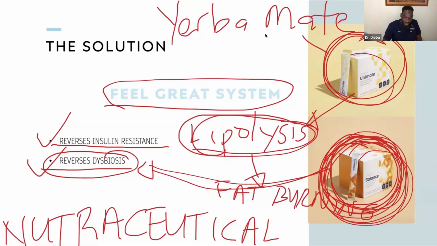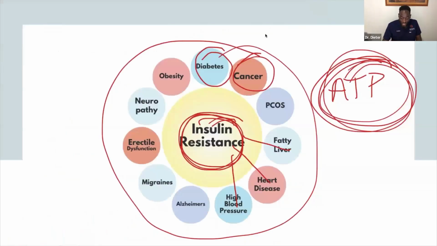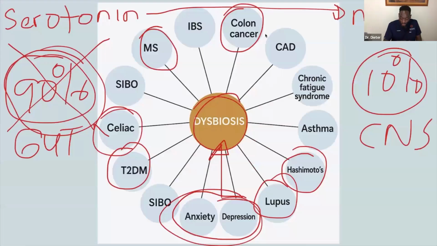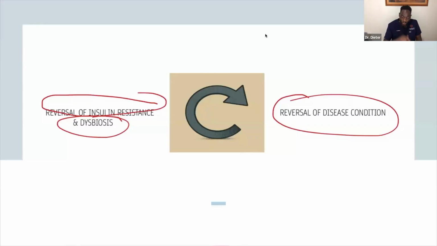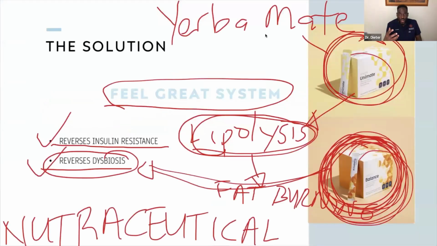And the Feel Great system, these two nutraceutical products, offer us today the possibility of reversing the insulin resistance and reversing the dysbiosis. And when you reverse the insulin resistance and reverse the dysbiosis, you can have reversal of the conditions that plague you. So the Feel Great system has become a very favorite tool that I have been using now to help a lot of patients to be able to restore their metabolic health.